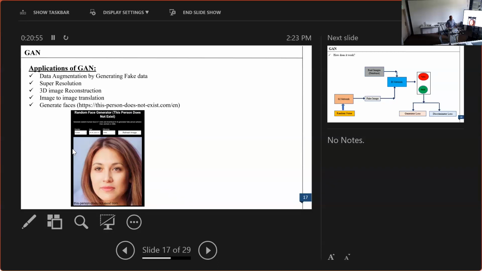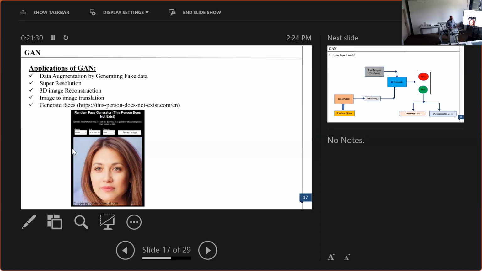So in order to increase our data set, we can use GAN to generate fake data, which is not existing. Also, you can use GAN in super resolution. Several researchers are also using GAN to construct 3D images, and we can use GAN for image to image translation as well.